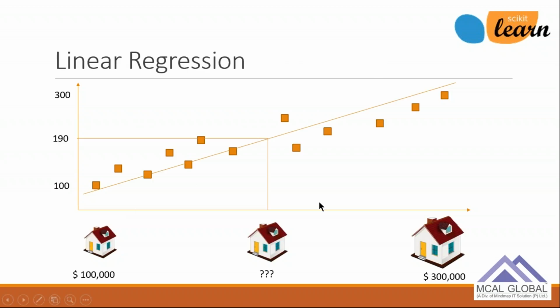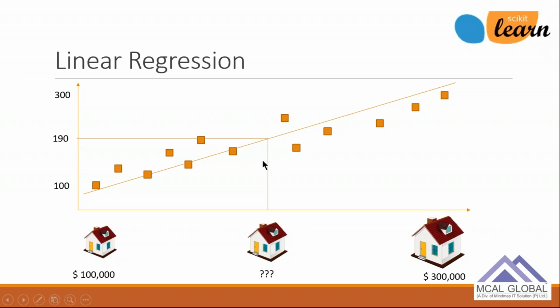Let's say you have an x-axis and a y-axis. Now you have typical features of a house, and you want to predict the price of that house. Someone may have a $300,000 price, someone will have a $100,000 price.